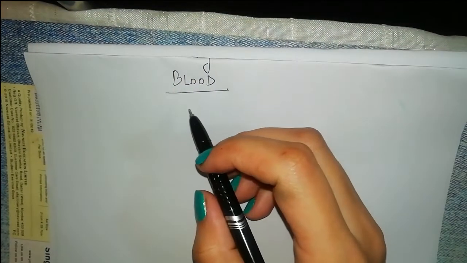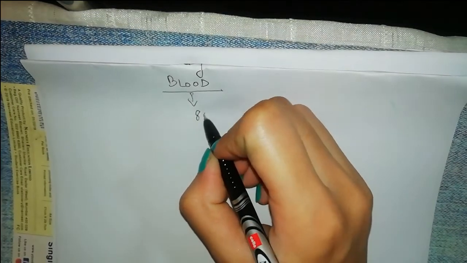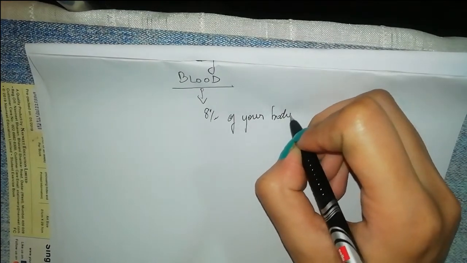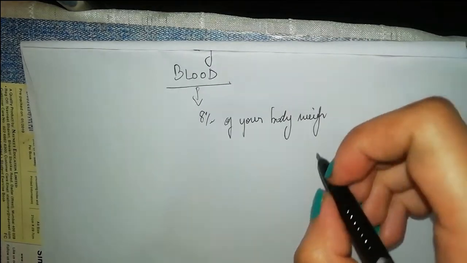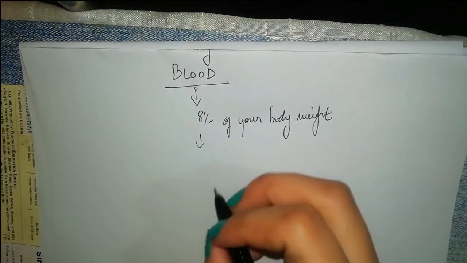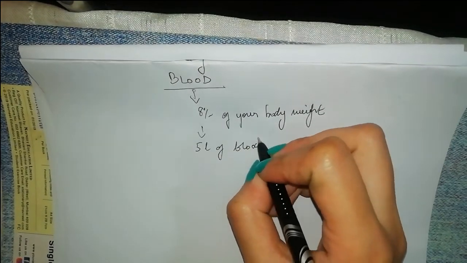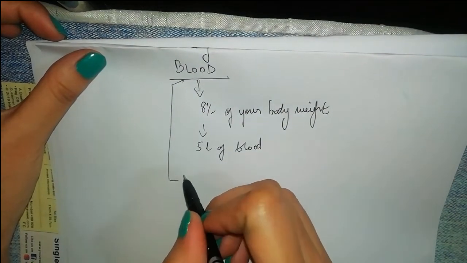So normally your blood will constitute about 8% of your body weight. At the same time we can say that the human body has about 5 liters of blood. And we know that blood consists of two parts.